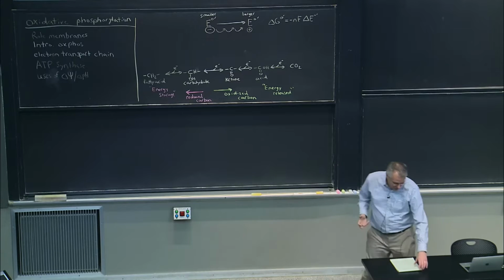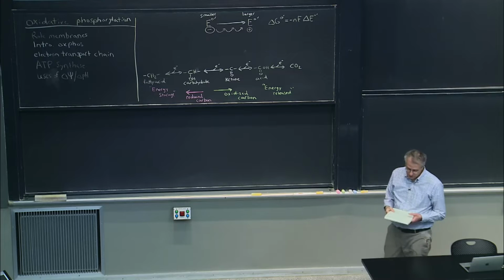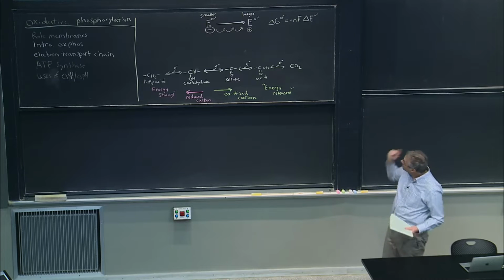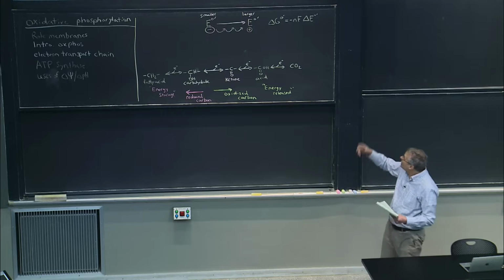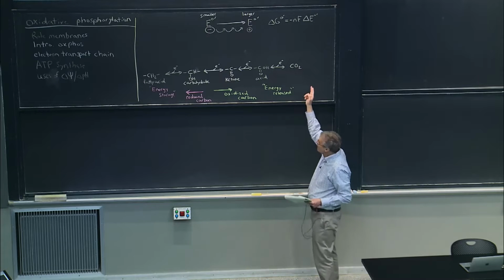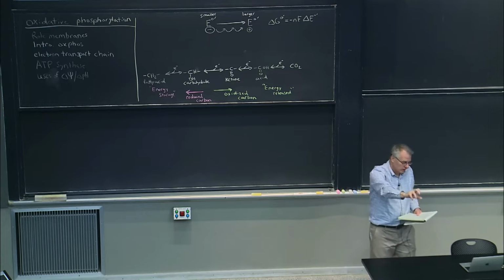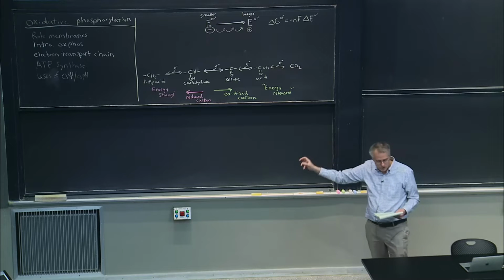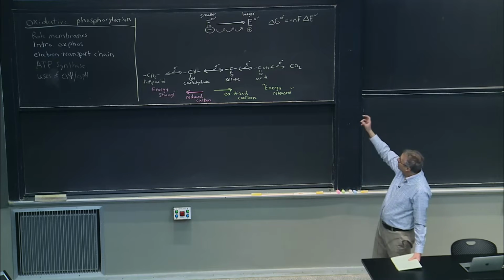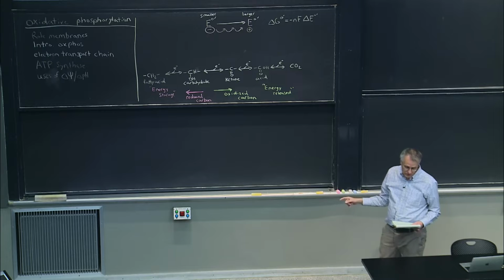The exact same thing is true about any of these electron transfers. The change in standard reduction potential, or the change in free energy, as one moves electron transfer from one donor to one acceptor, is the same if you go in one step or in many different steps.